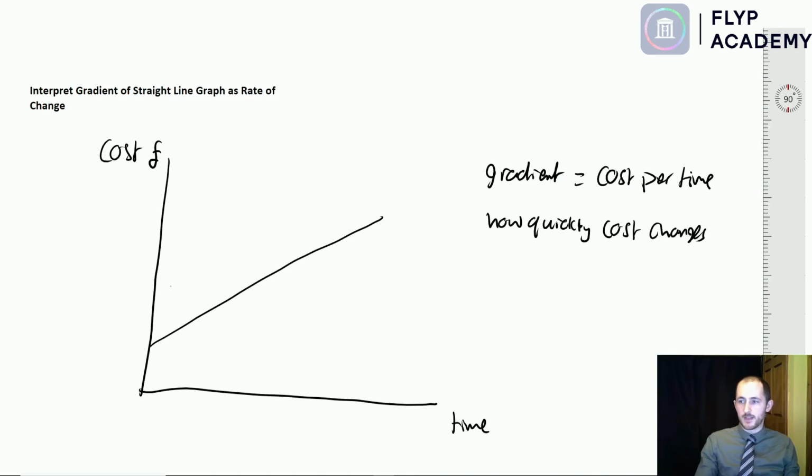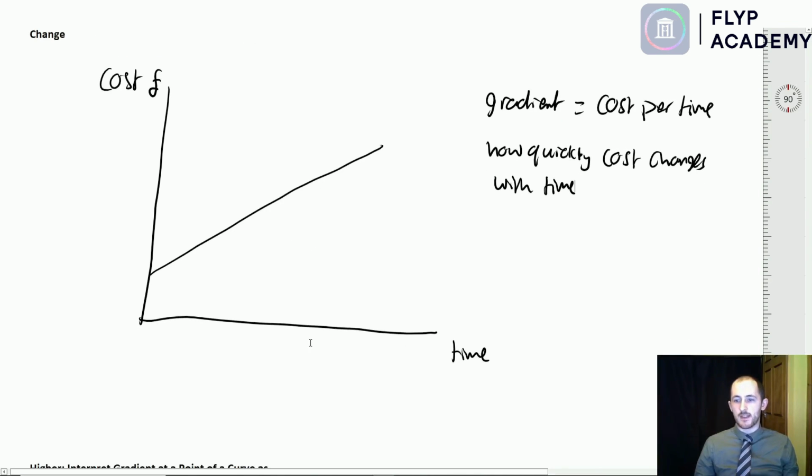And the steeper it is, the faster cost changes with time. So if you want a generic thing, the gradient is going to give you y per unit x.